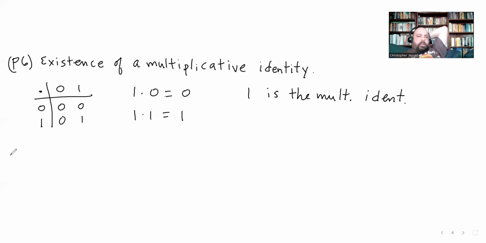And the next one is probably existence of inverses, so I'll just do that. Okay, existence of multiplicative inverses.